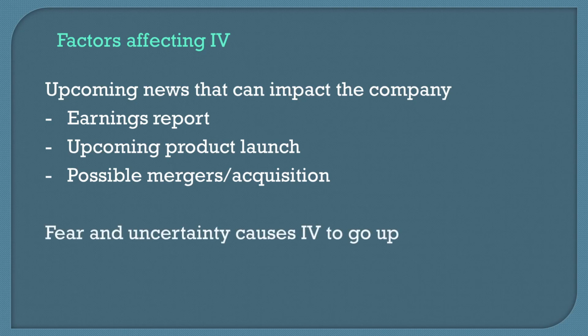In general, when there is fear or uncertainty, the implied volatility of a stock tends to go up. Once the event has passed, IV goes back down. Implied volatility is also higher during bearish market due to there being more uncertainty in the market, and it is lower during bullish markets.